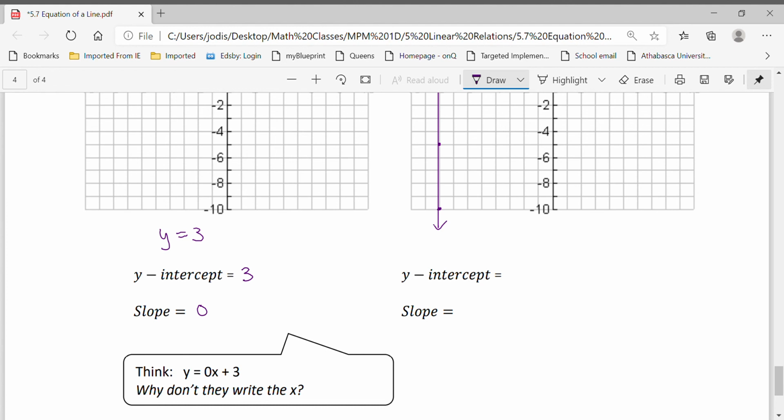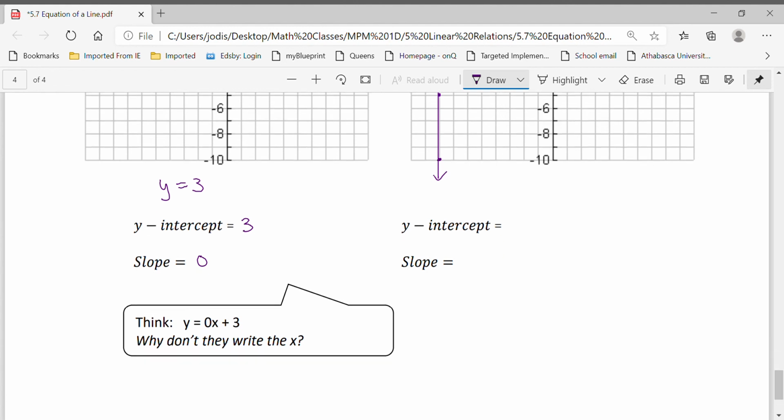Well, 0 times anything is 0, so it's kind of unnecessary in the equation. That's why we don't write it.